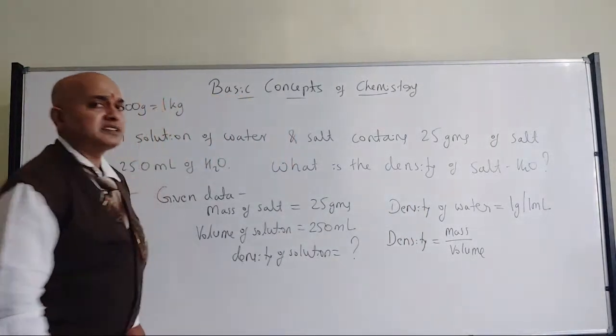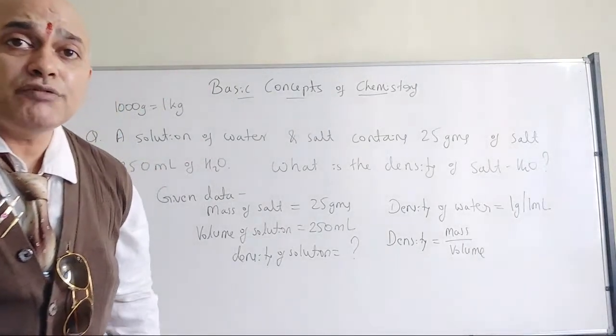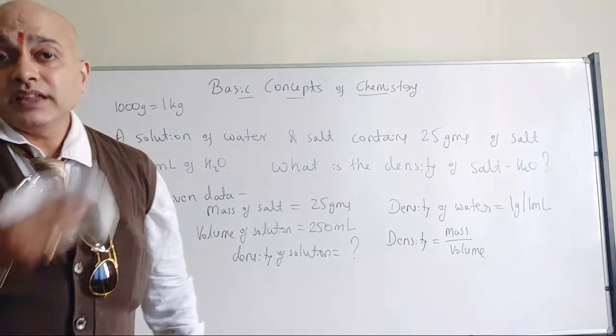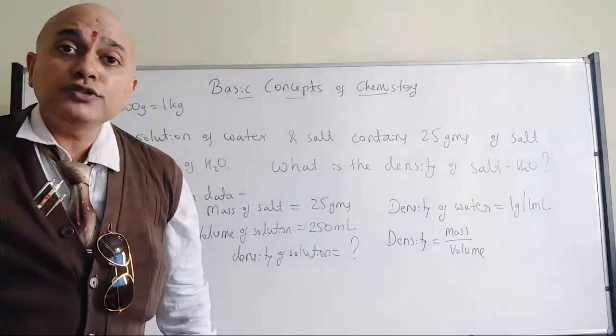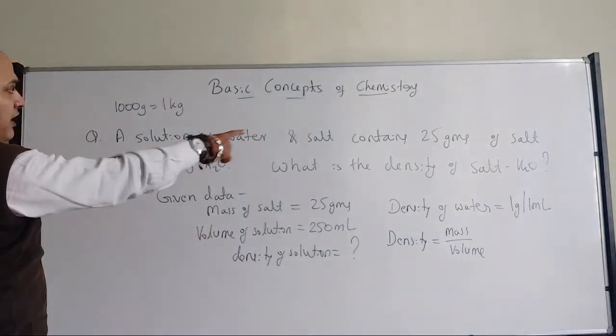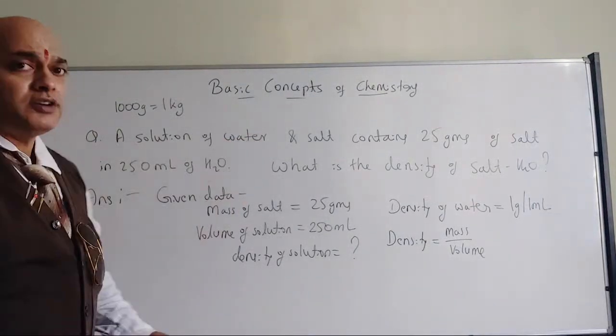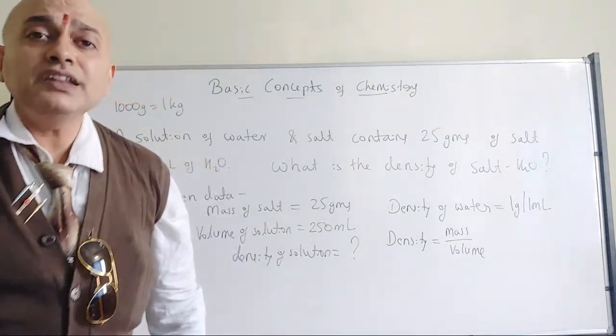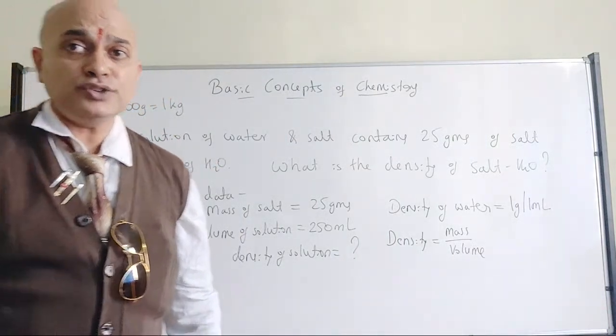Whatever we know, that one also I have written. Can any one of you tell me what will be the mass of water? Then only we can find out the total mass of solution. Because the mass of salt they have given, we have to find out the mass of water. Then if we add those two, we are going to get the mass of solution.